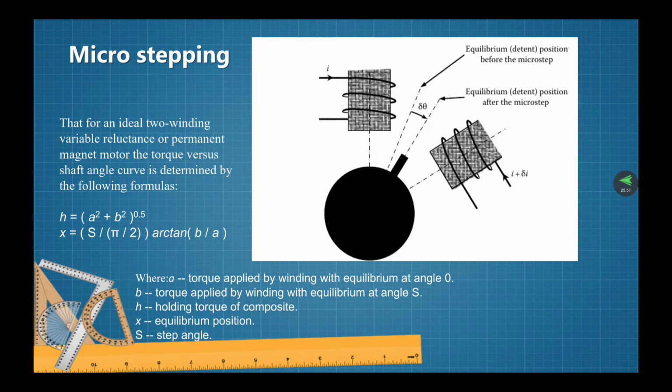In this figure, we see when the currents through the windings are identical in magnitude and direction, we get this equilibrium, the central position for the microstep.